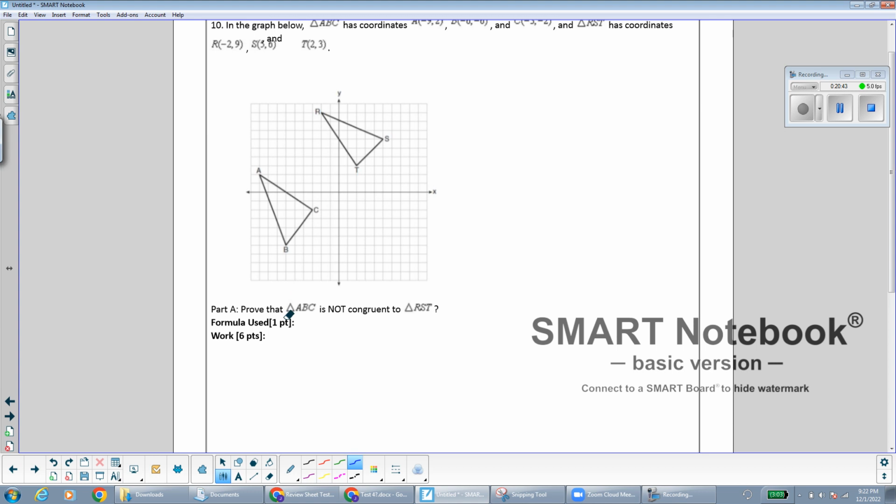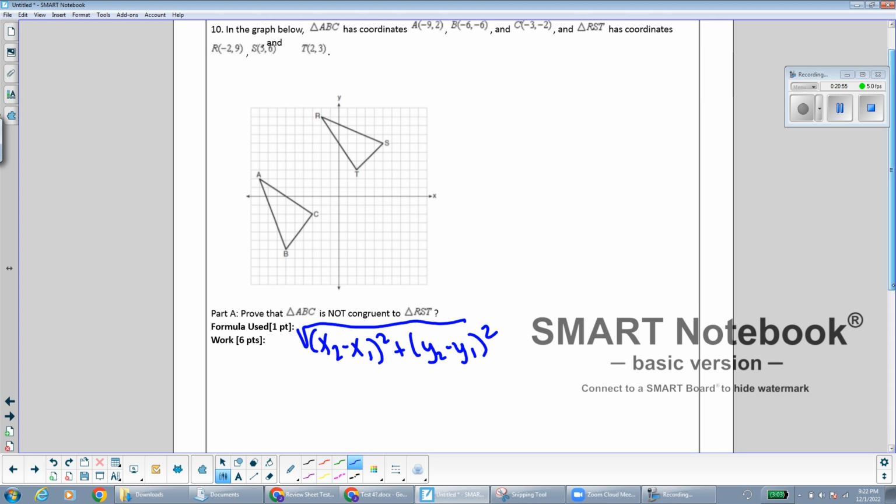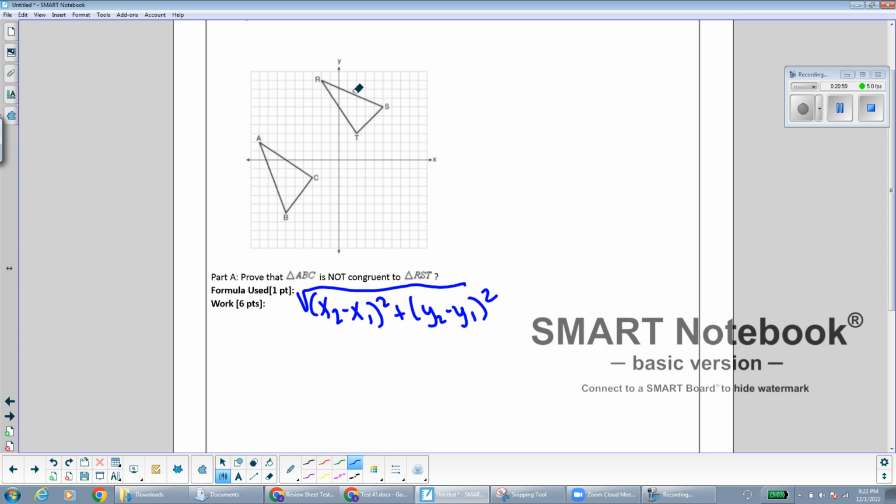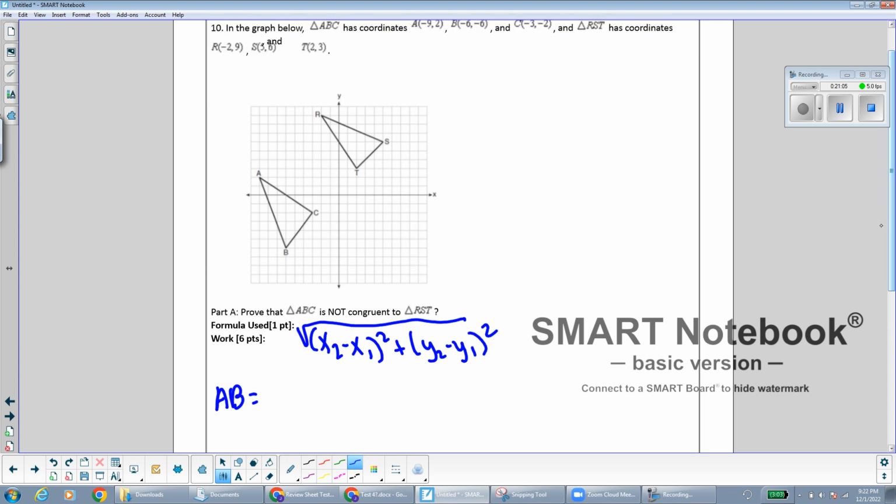So if I can find one pair of corresponding sides that's not congruent, that would disprove that they're congruent. So the formula is the distance formula because we're finding side lengths. So that's the square root of x2 minus x1 squared plus y2 minus y1 squared. Okay, well, I'm going to start with AB, and AB corresponds to RS. So I want to see if they are congruent. So I want to see the coordinates as well.